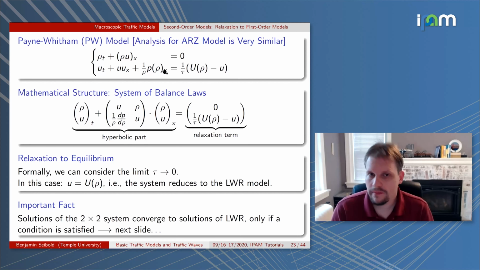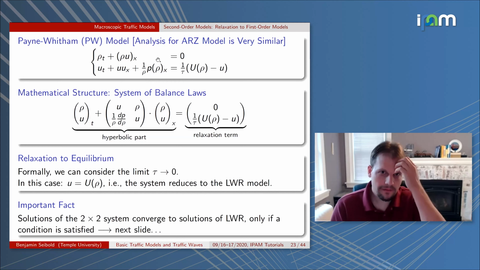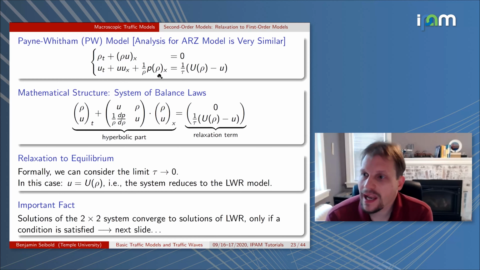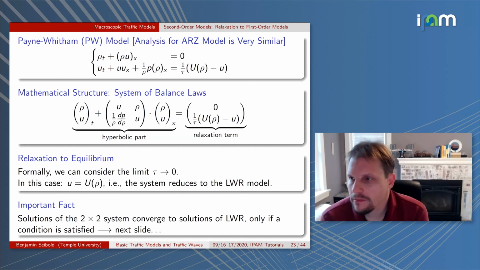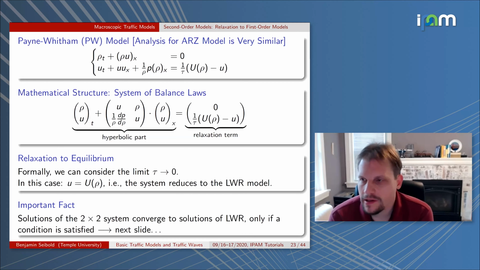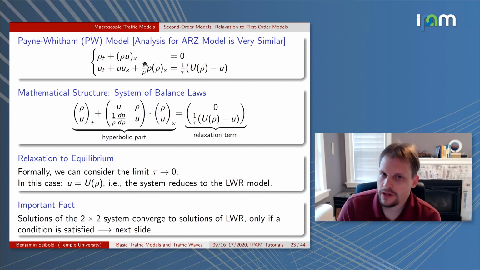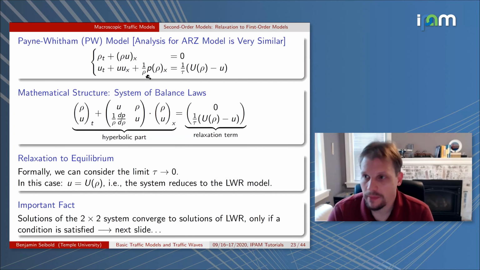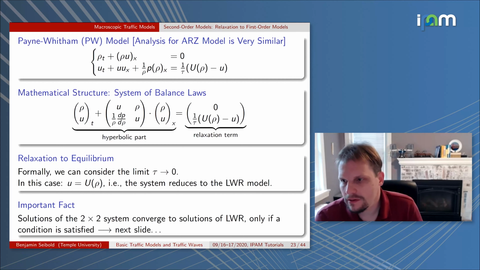There's also something added like a traffic pressure. Here, I've written the traffic pressure as it was done in the classical second order model by Payne and Whitham, proposed already in the 1970s. Since then, it is understood that that form of a pressure here is producing features that are blatantly unrealistic. One doesn't even need to look at data.